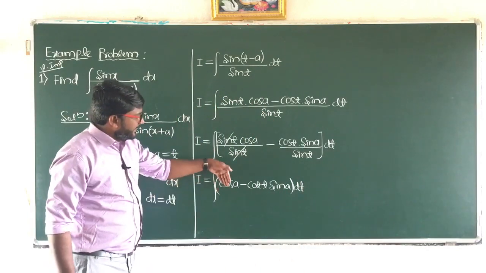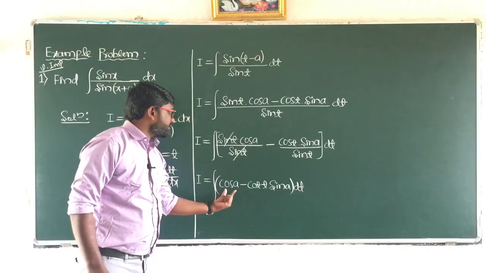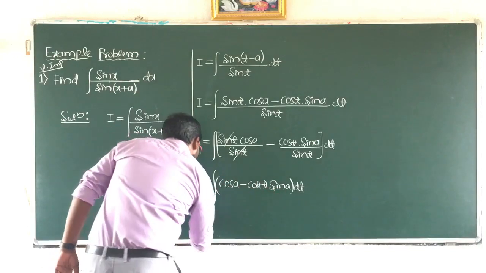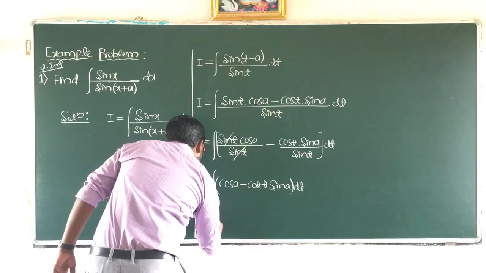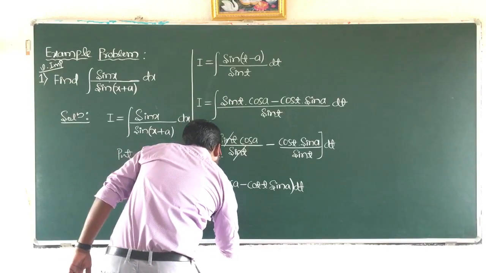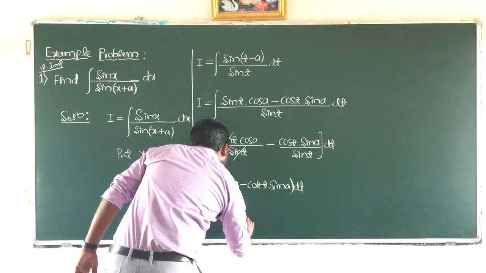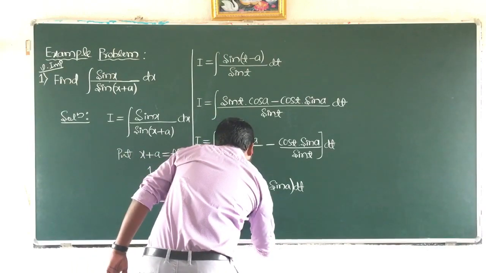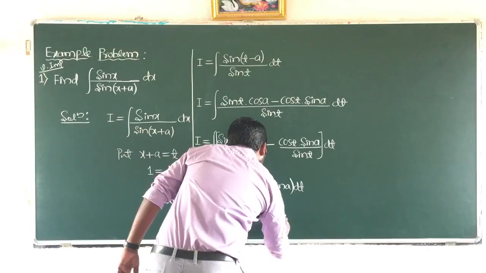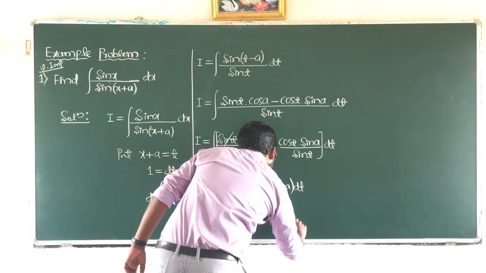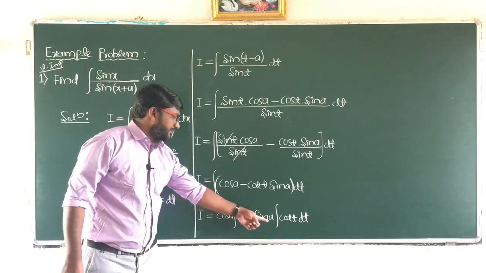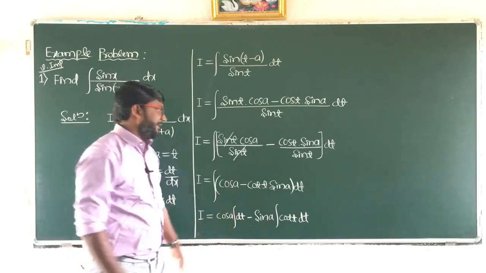Now we can integrate separately. Here cos a is a constant and sin a is a constant. So this can be written as cos a integral dt, minus sin a integral cot t dt. These two are constants, that is why I have written them outside the integral.